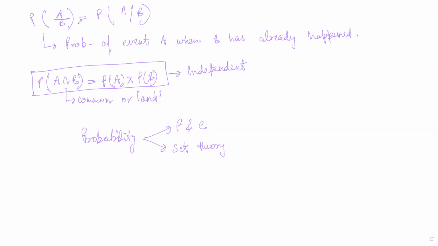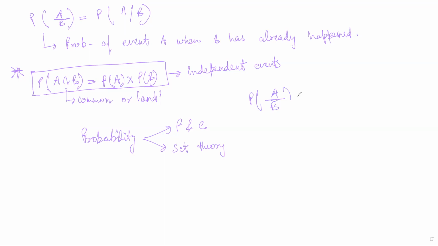So probability of A slash B, or probability of A by B, or probability of event A when B has already happened, depends on whether the events are independent or dependent. If the events are independent, then they must satisfy this condition. And if they are dependent, they will not satisfy this condition. So how can we apply this formula?